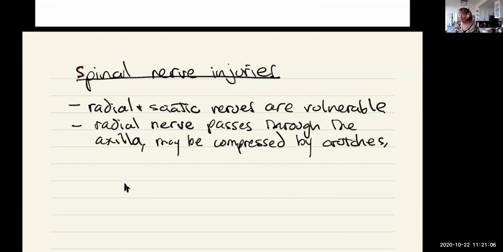It causes something known as crutch paralysis. And that can be seen sometimes with something called a wrist drop.